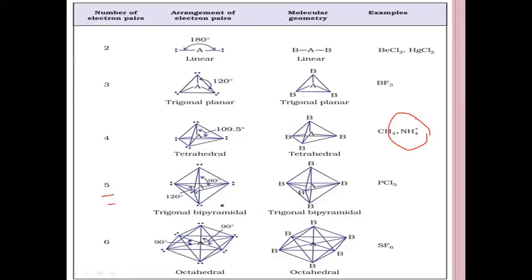It's still a pyramid, but a bipyramid, a pyramidal shape upwards and downwards. An example for this molecule is phosphorus pentachloride. And if you have 6 bond pairs, the molecule is octahedral in shape. An example for this is SF6.